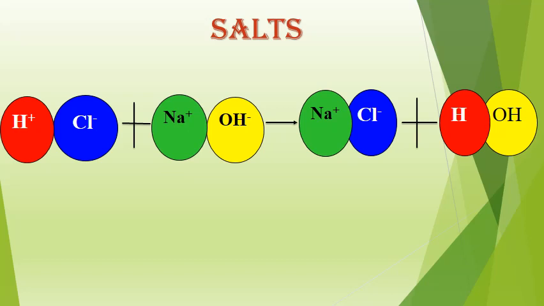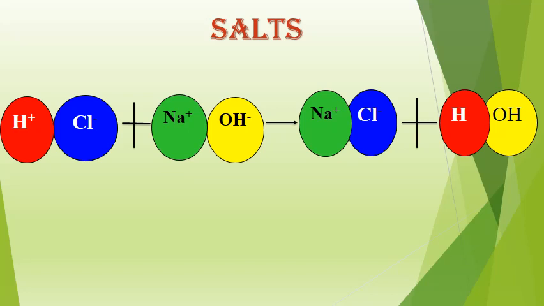Now if you see it, we have written here H plus and Cl minus. Why? Hydrochloric acid is in an aqueous medium, so it has ionized into hydrogen ions and chloride ions. In the same way, it's an aqueous solution of sodium hydroxide which we have taken for the reaction, so it has ionized into sodium ions and hydroxyl ions.